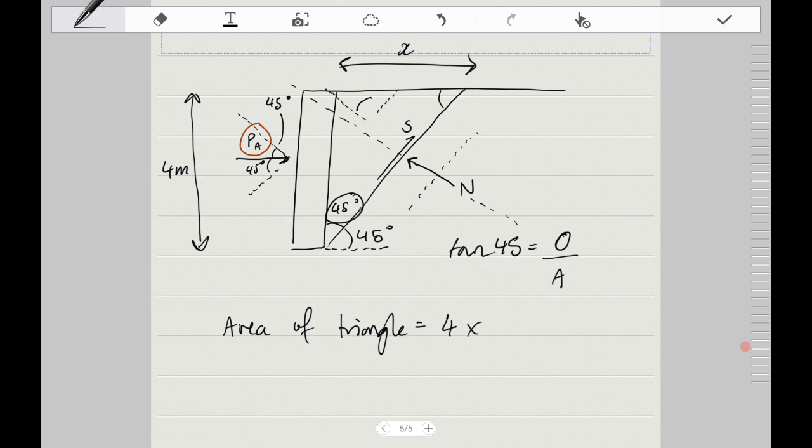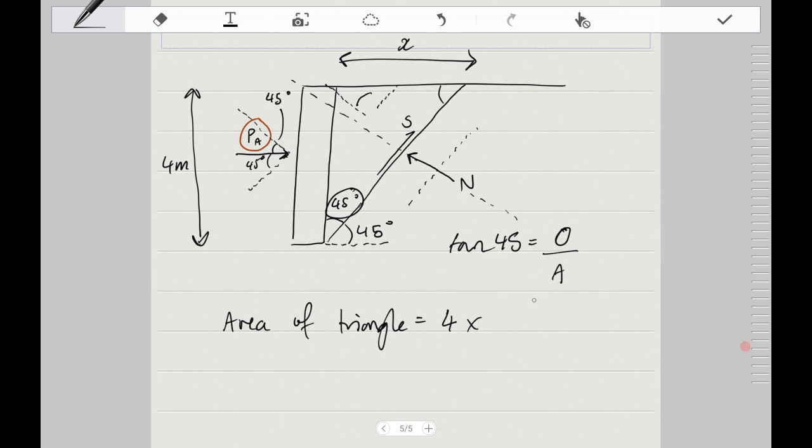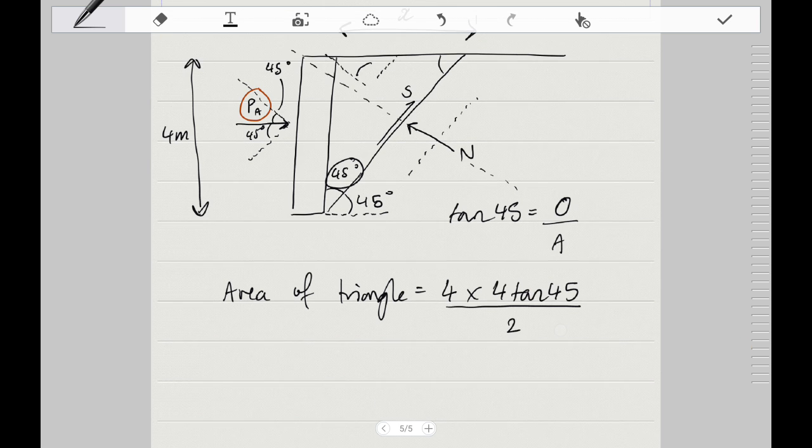So O is basically A tan 45. A in this case is 4, so it's 4 tan 45, divided by 2 to give you the area of the triangle, because that was the area of a rectangle.